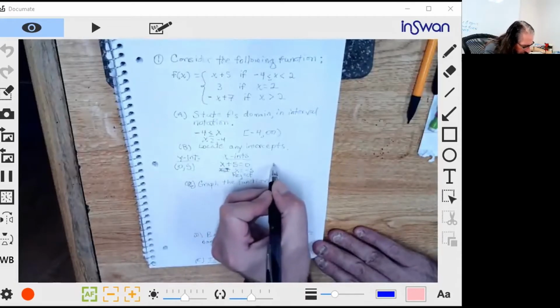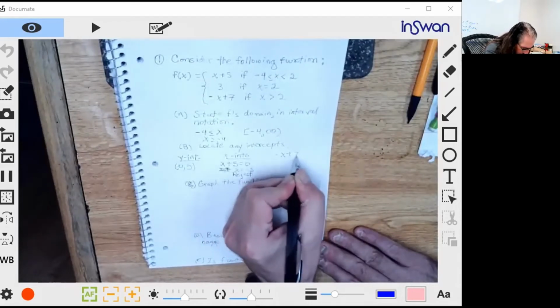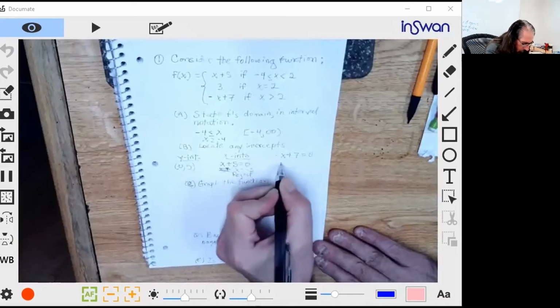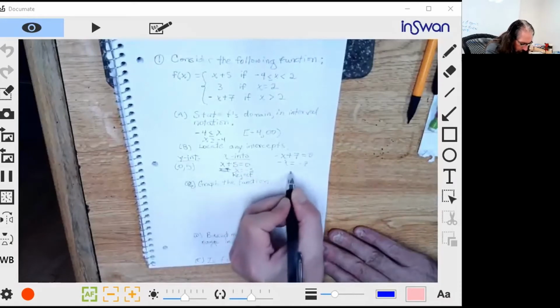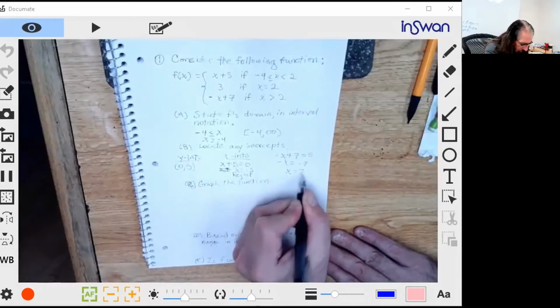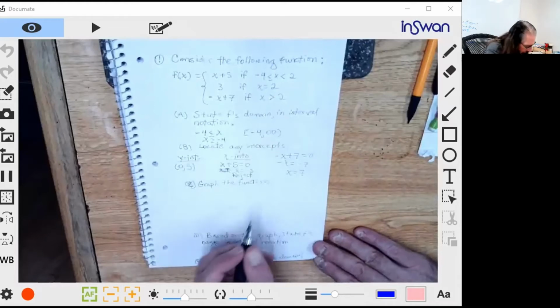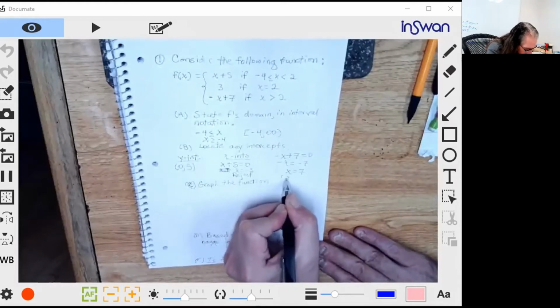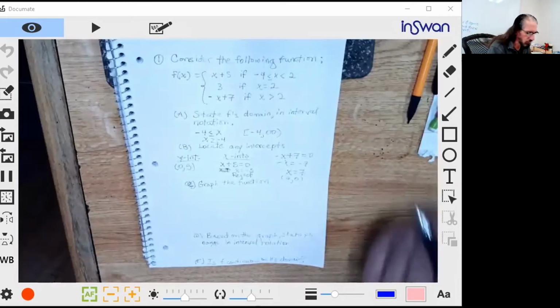And for the other interval at the far right, we do get x equals +7, and that is bigger than 2, so 7, 0. We can use that and perhaps find some other points to graph the piecewise function.